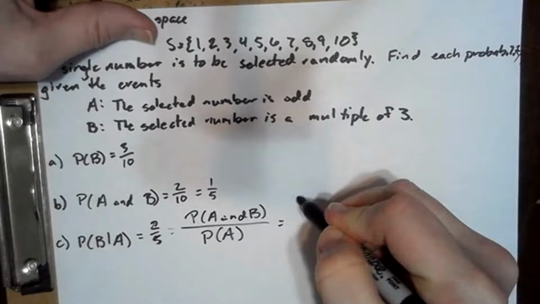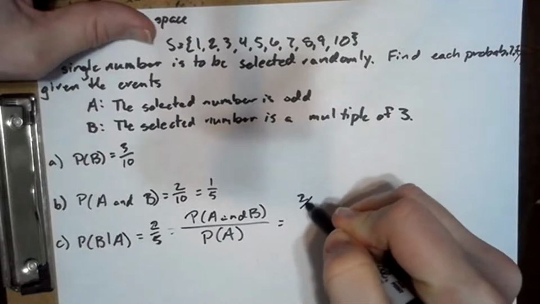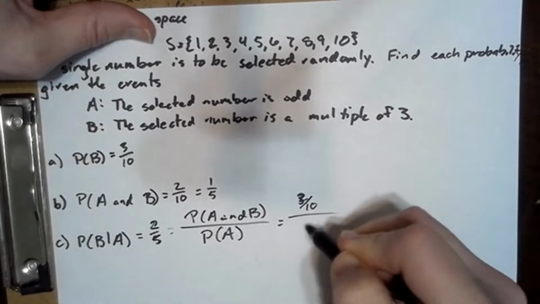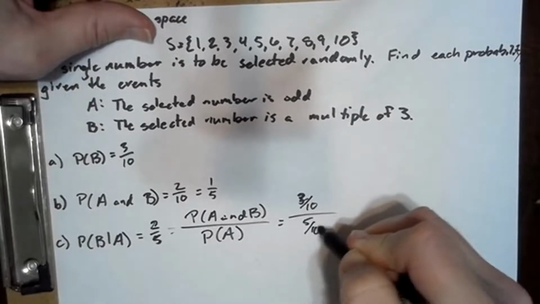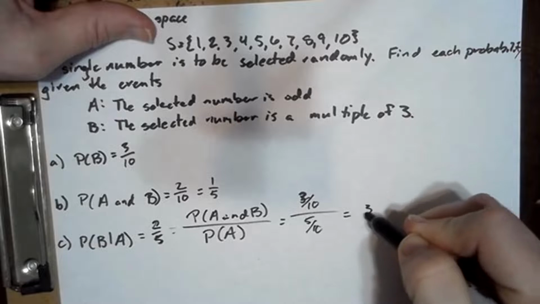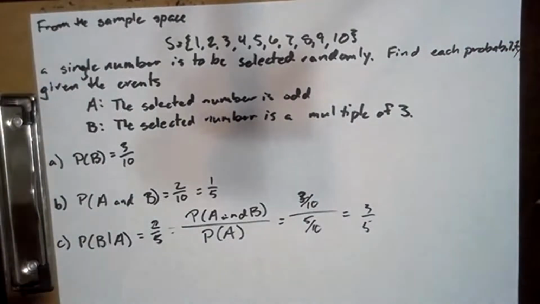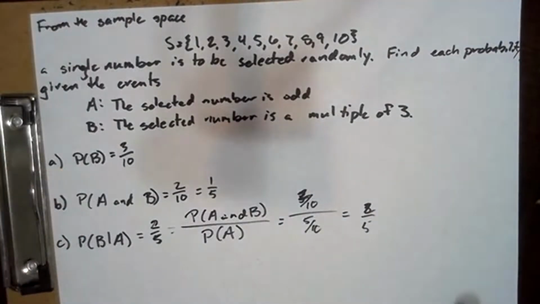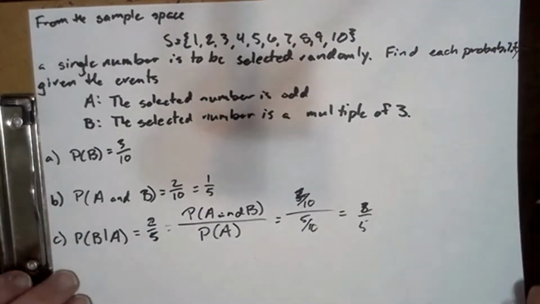Or 2/10 over 5/10, sorry. So that's again 2/5, 2/10 over 5/10. There we go, that's better. Sorry. Moving on.